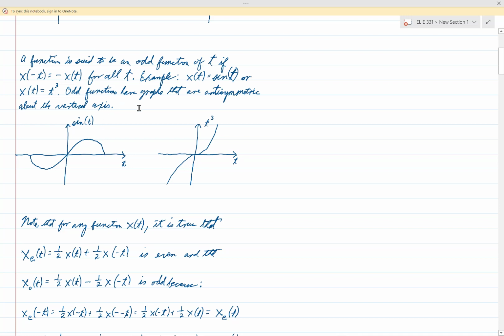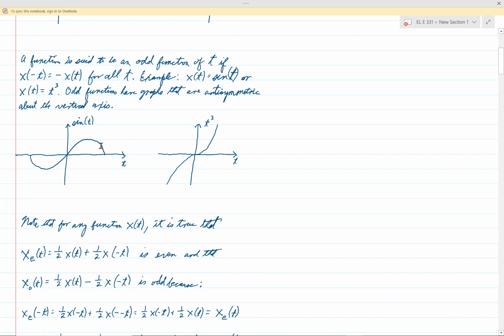And odd functions have graphs that are anti-symmetric about the vertical axis. What that means is that if you took what you have to the right of the vertical axis and flipped it about the axis, then you would need to flip it once more about the horizontal axis, and that's called anti-symmetry.